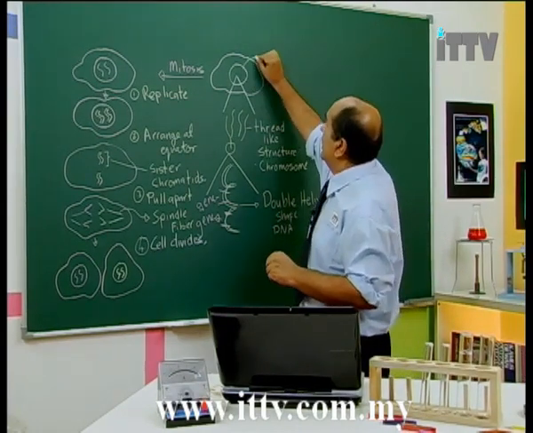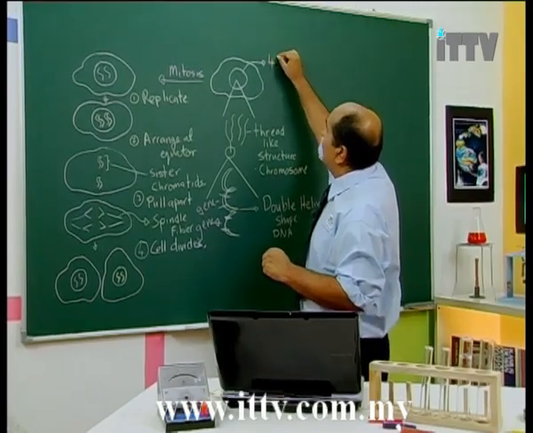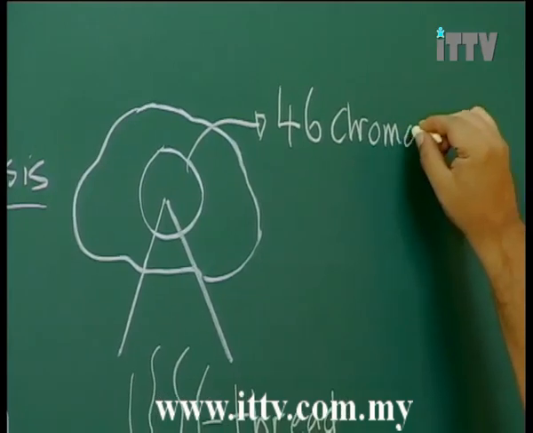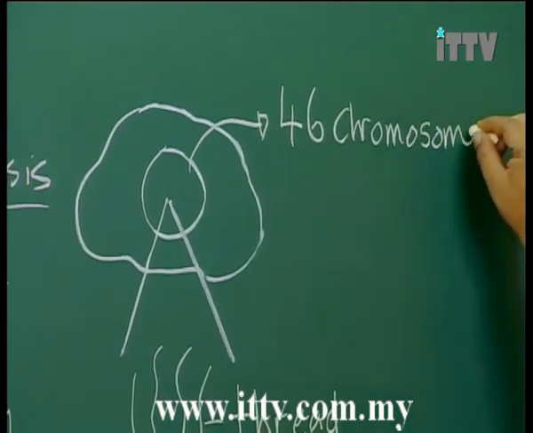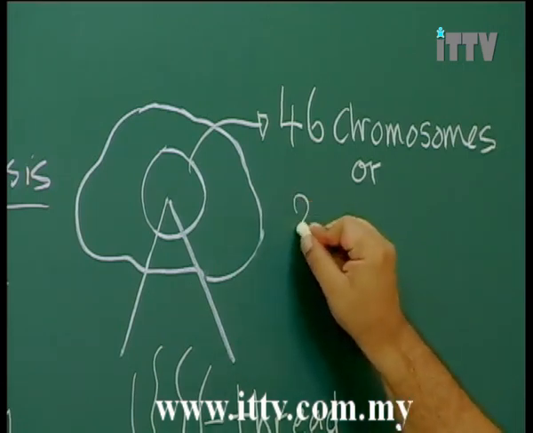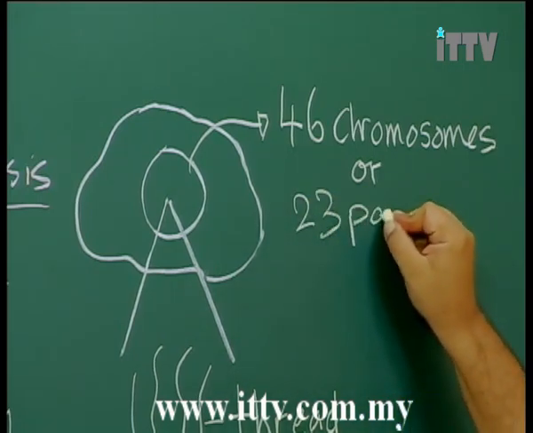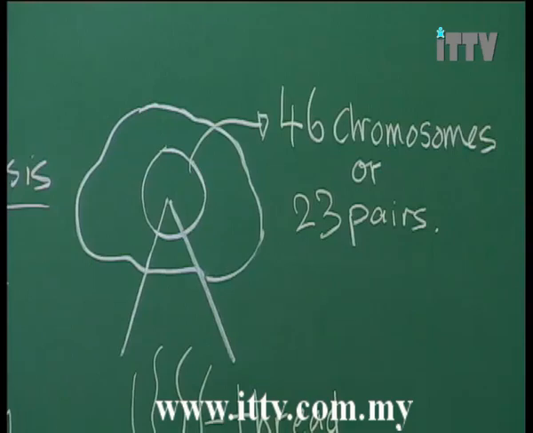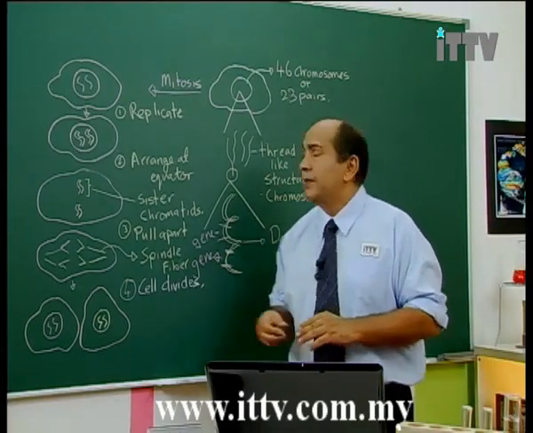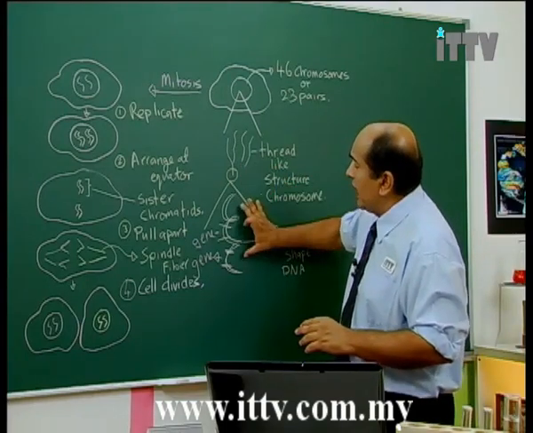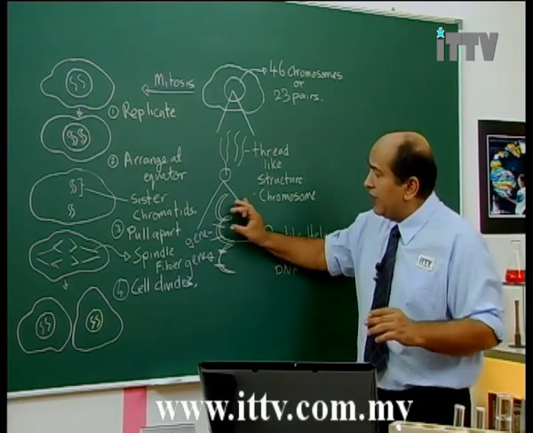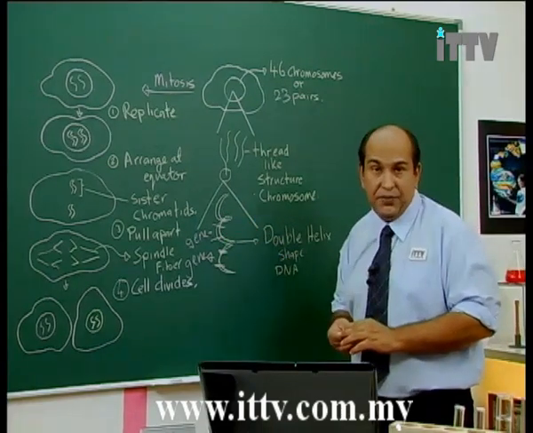So in here we have 46 chromosomes, or we say 23 pairs. Now, different organisms have different numbers of these chromosomes. Remember, the chromosomes are made out of DNA, and individual bits of DNA represent genes.